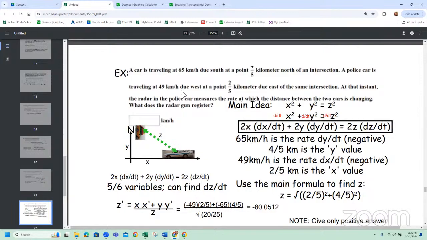Honestly, this is what my students do. They take the 65, multiply it by the 4/5, take the 49, multiply it by 2/5, and then divide it by z, the square root of the sum of the squares. And that gives them the answer.